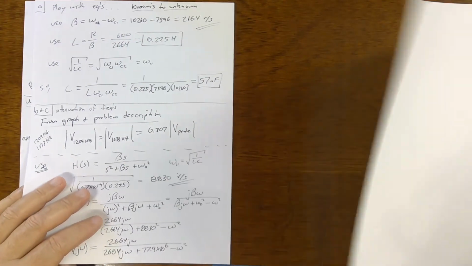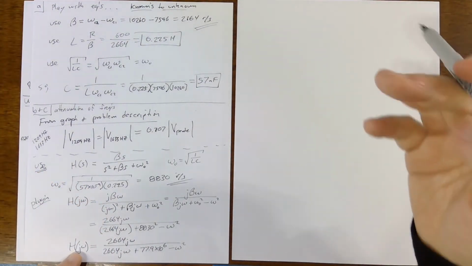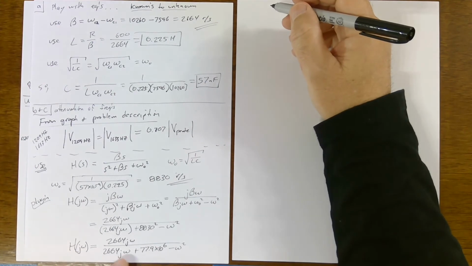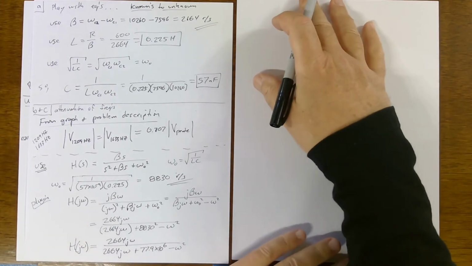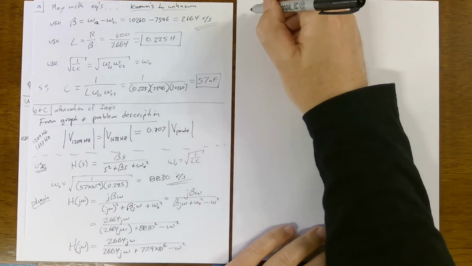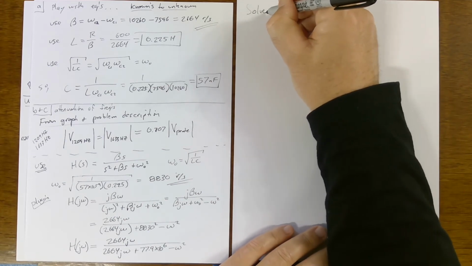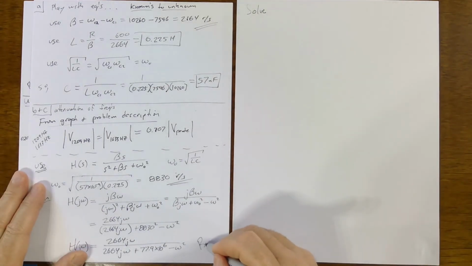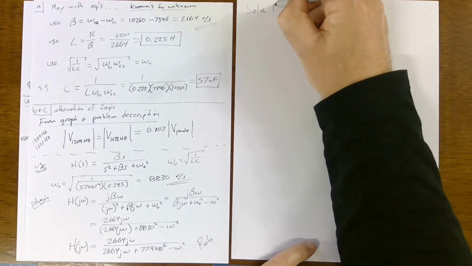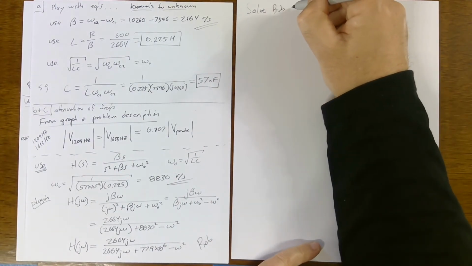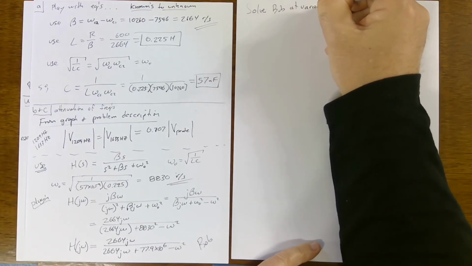So we've got this H of j omega. It's a function of omega, and we're going to solve, let's call this Bob. So we're going to solve Bob at various frequencies.